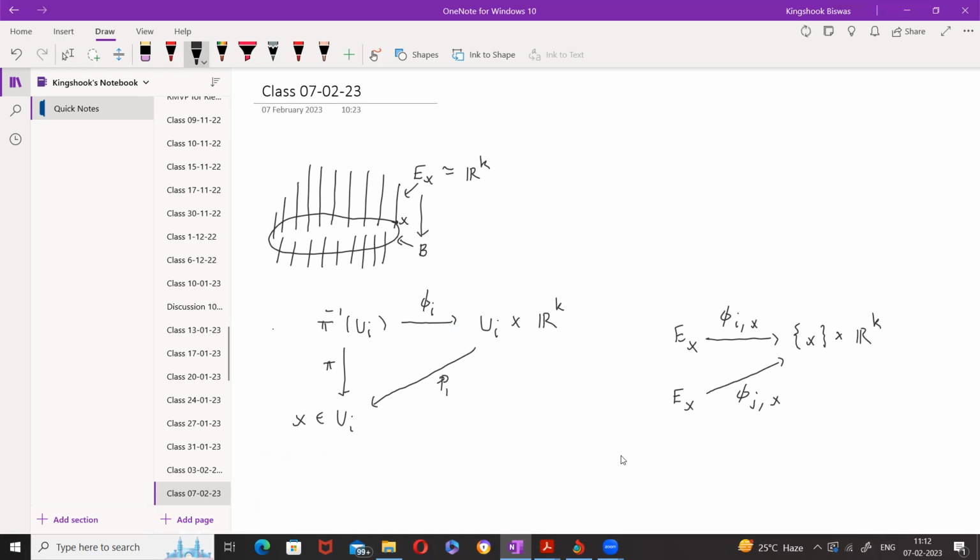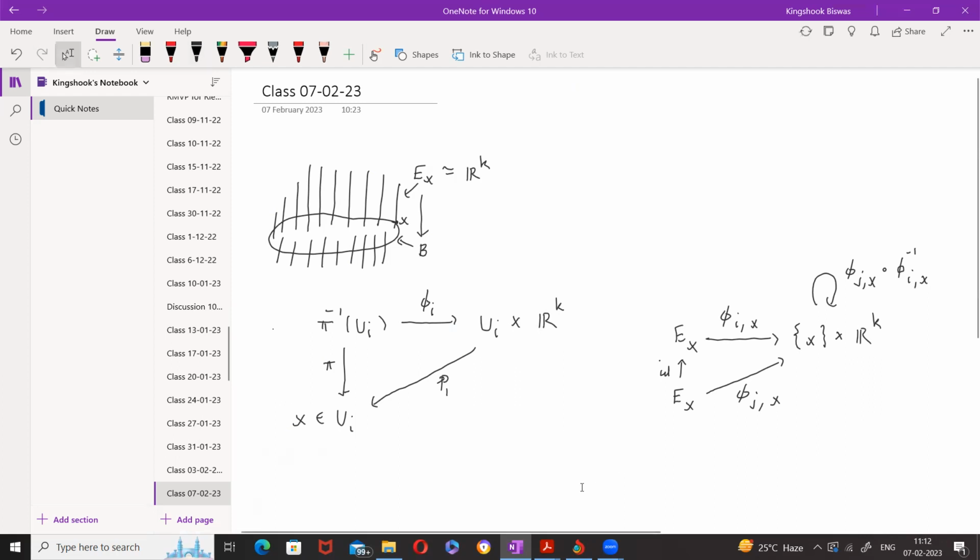And here we have the identity map. And so here we get a map from x cross R^k to itself, right? Which is phi_j,x composed with phi_i,x inverse. Right? This will go from R^k to itself, and it will be an isomorphism of R^k. So this will be our element of GL_k(R).